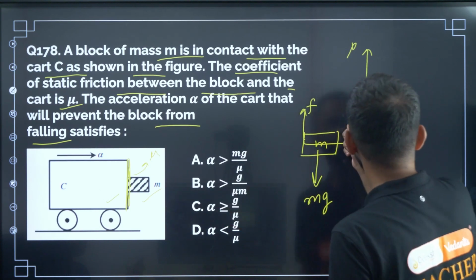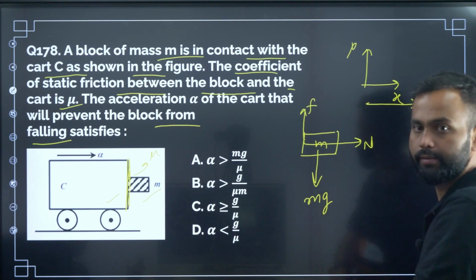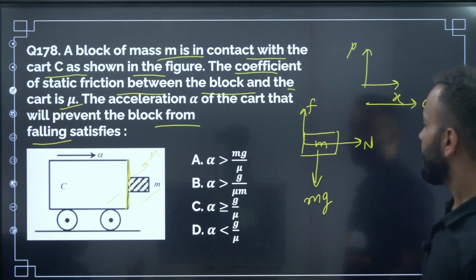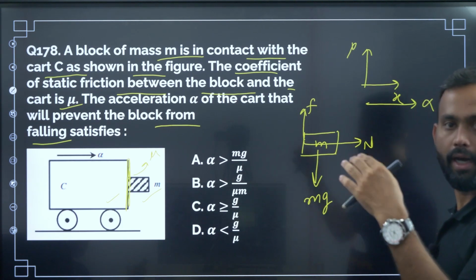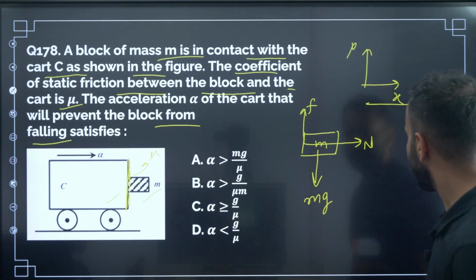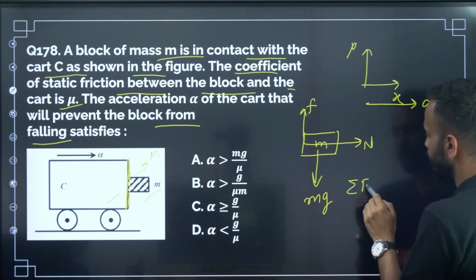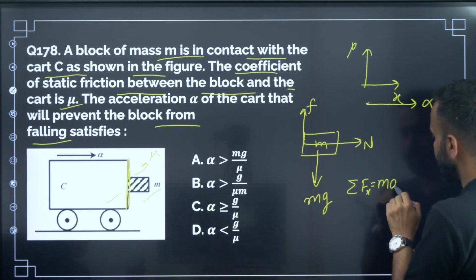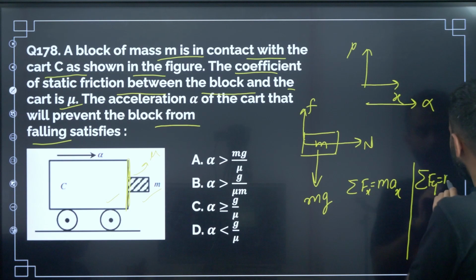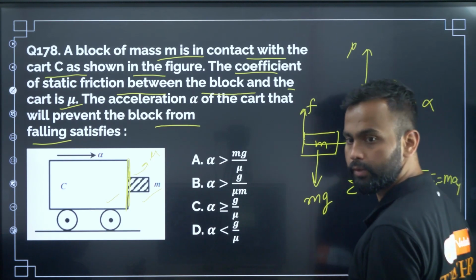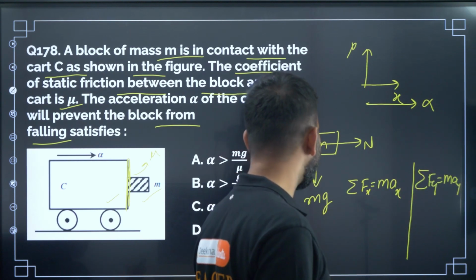So this block is moving in the horizontal direction with acceleration alpha, right? Okay, so now write the force equation, or apply Newton's second law of motion. Here summation of Fx equal to m into ax, and summation of Fy is equal to m into ay.